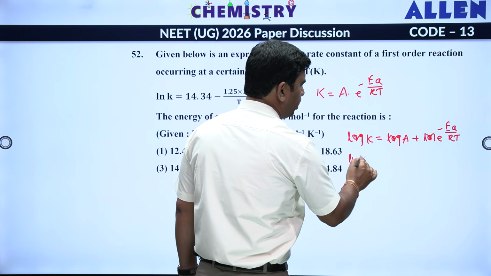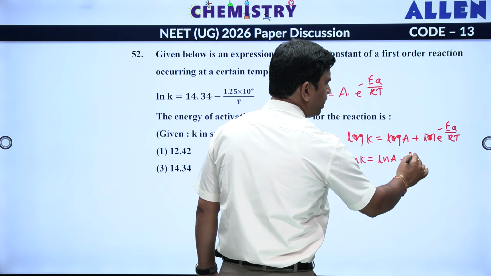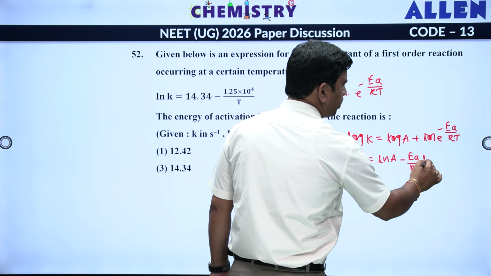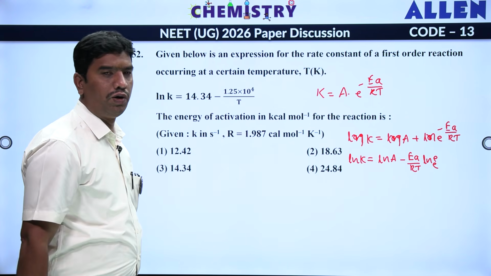So ln k equals ln A minus Ea by RT, and ln e base e is nothing but 1 only.